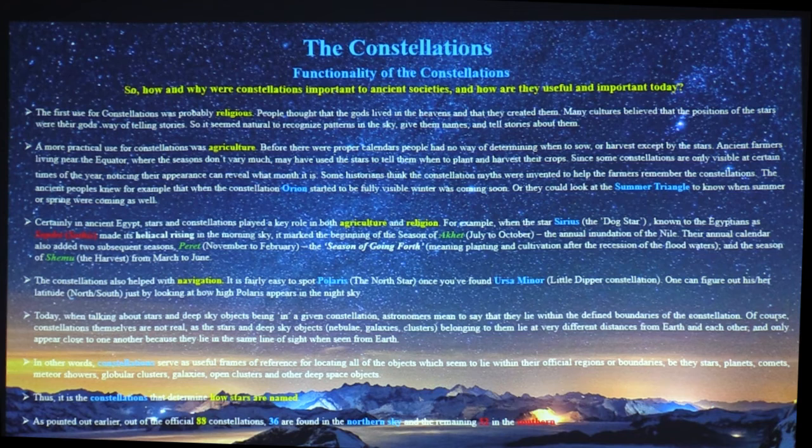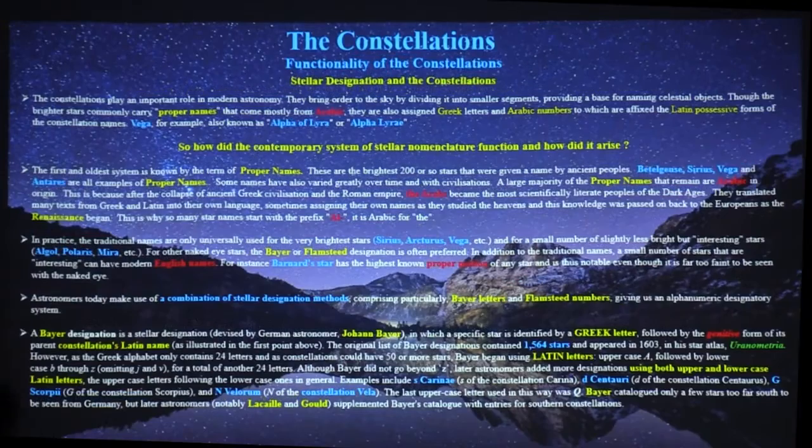From religious origins, agricultural origins, and their purpose has become navigation as well, for sailors, and nowadays for locating all sorts of interesting deep sky objects, and in basic astronomy. 36 are found in the northern skies and 52 in the southern constellations. So we've got more constellations in the south. We've also got the best sky, which is beyond dispute.